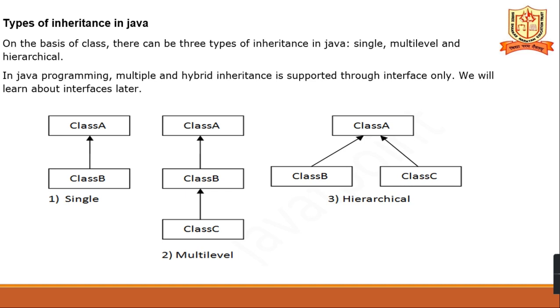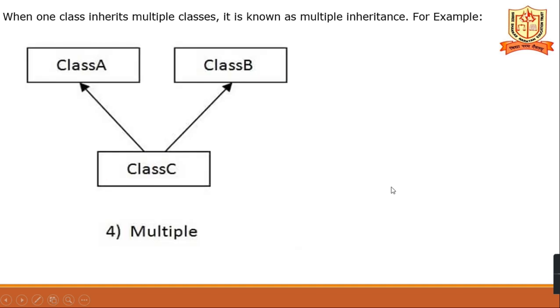Single inheritance means only one superclass. Multilevel inheritance means the class hierarchy has more than one level, and hierarchical inheritance means one class has two or more subclasses.